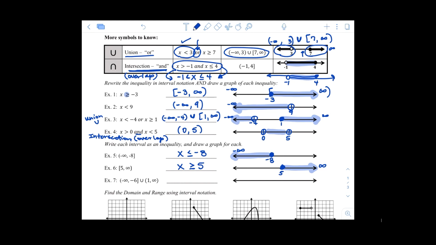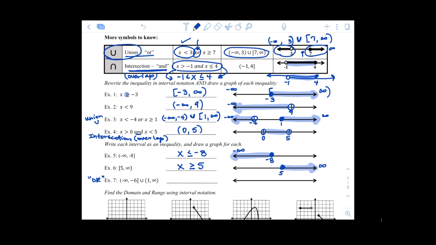In example 7, we now stumble upon our first compound inequality from this perspective. Now, you can tell it's an OR, a union, because it has the union symbol. We're going to have more than one portion of graph that's being shaded, and that's fine. Just take each as it comes.